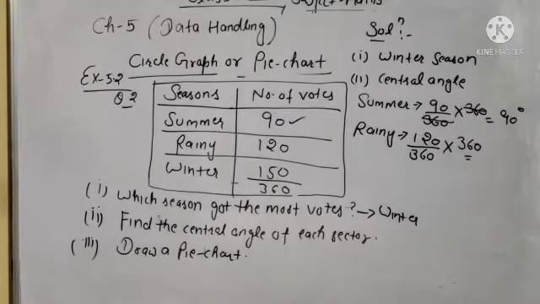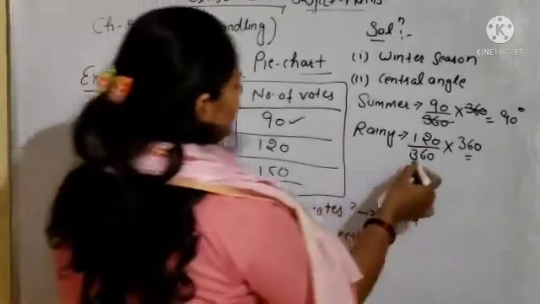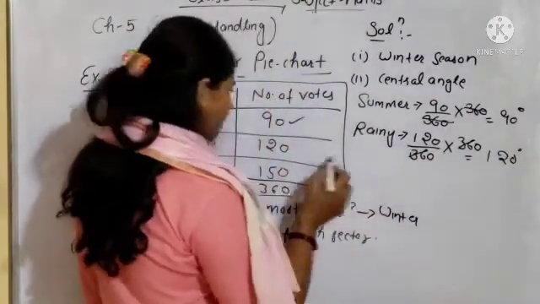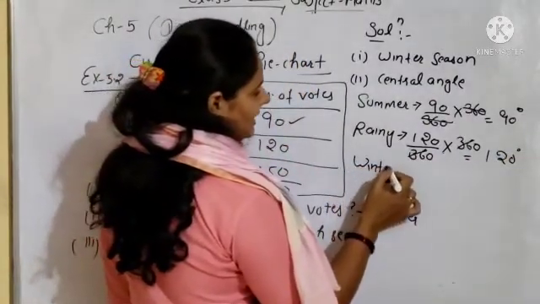So total angle will be equal to 360, and 360 you can cancel out. So what will be the angle, beta? 120 degree. Same like that, for winter also you will find the central angle.